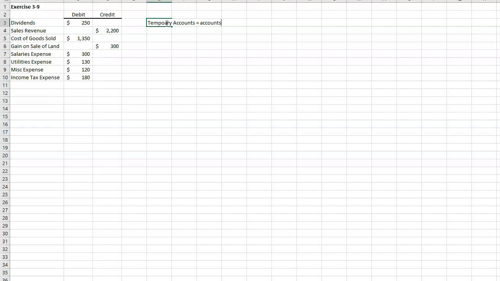are the accounts that need to be closed at the end of the accounting cycle. All right, and they are revenue, expense, and dividend accounts.